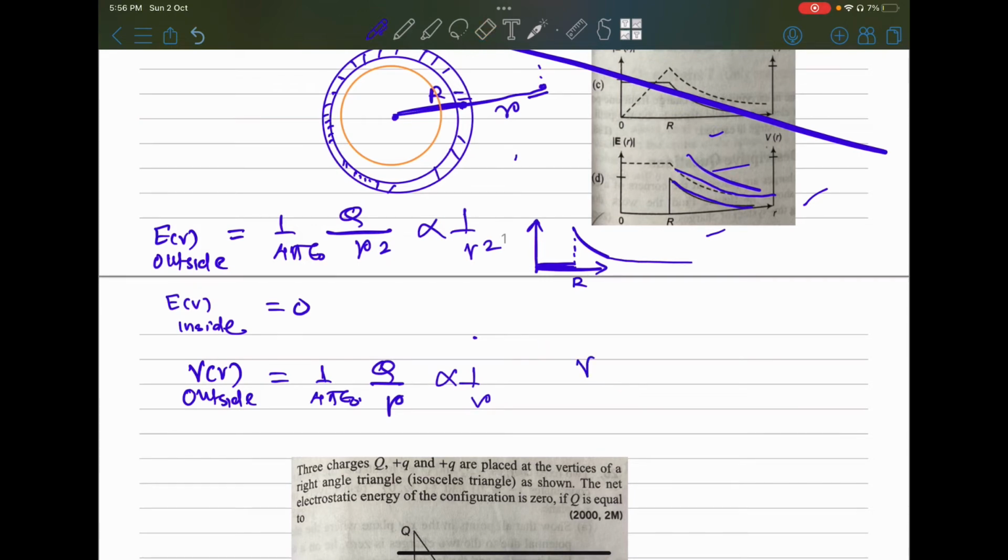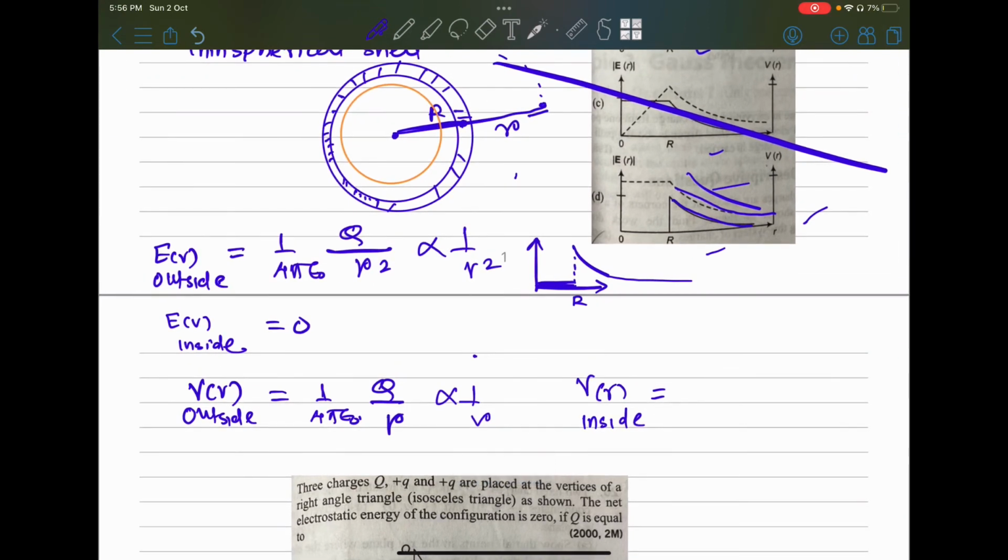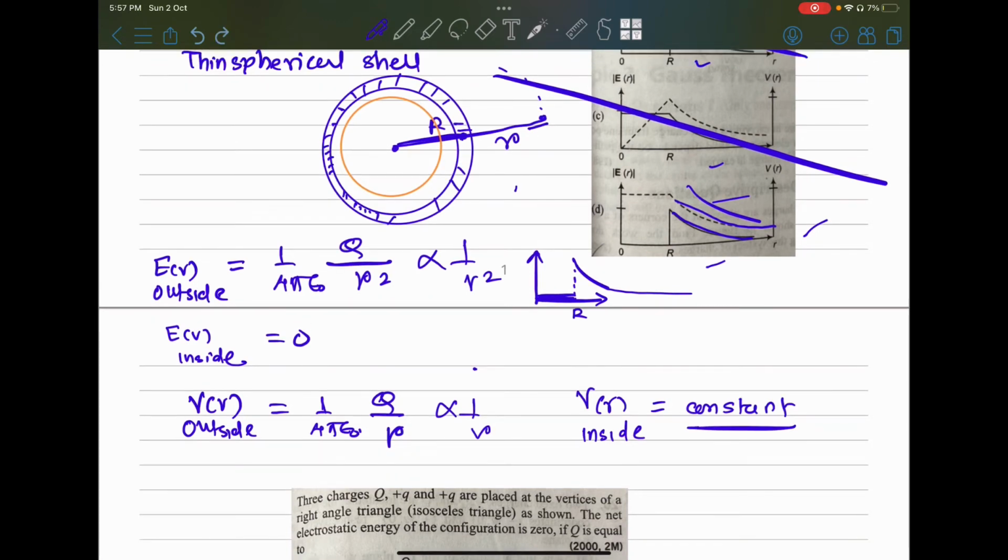What formula do we have? V of R inside. Now, what is the electric potential inside the shell? It will be constant. Why is it constant? See, electric field is 0. And what is electric field?